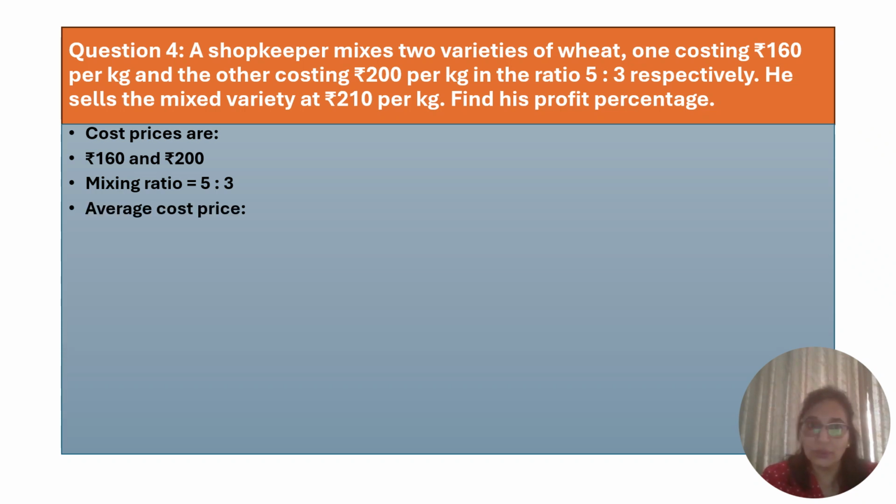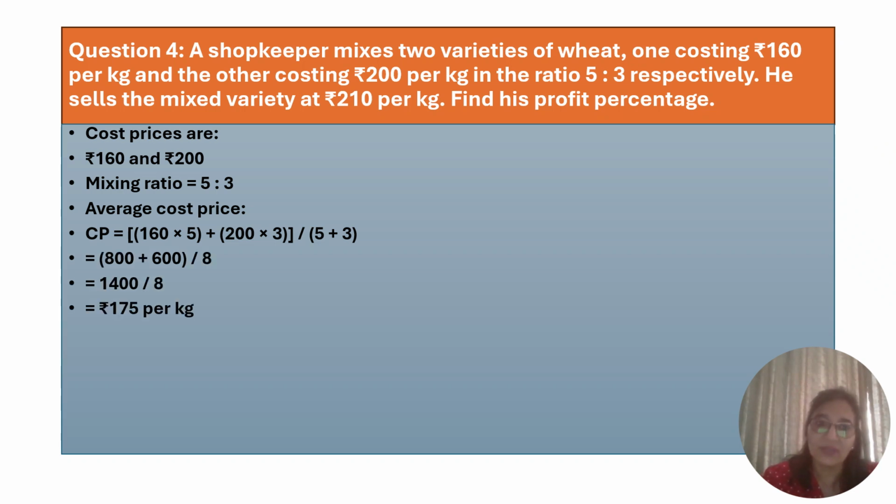That is 5:3. So what is the average cost price we need to calculate? Again, as we have done in the previous question, 160 into 5 plus 200 into 3 divided by the sum of the ratios. So when you calculate and simplify, you will get rupees 165 per kg. So the selling price, now children, it is given.